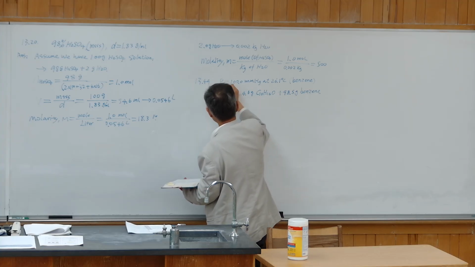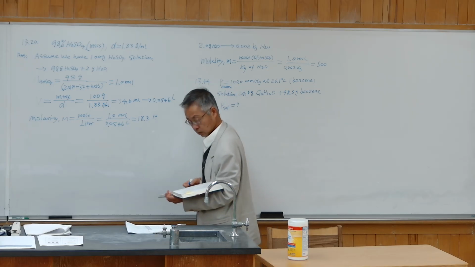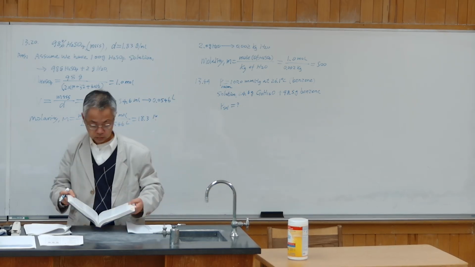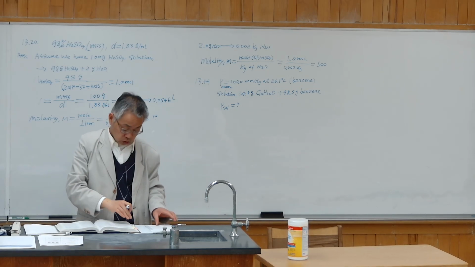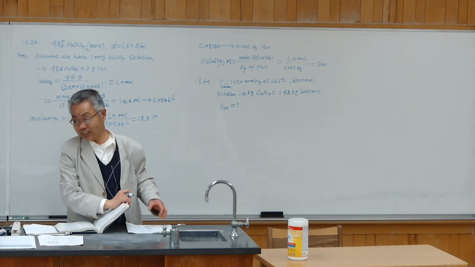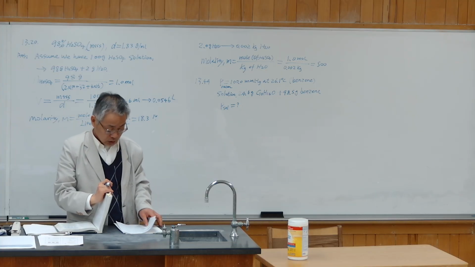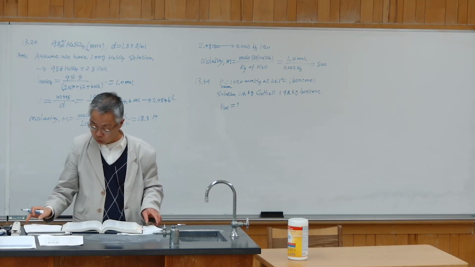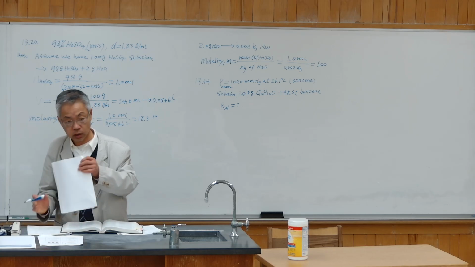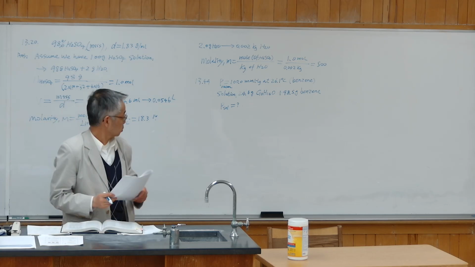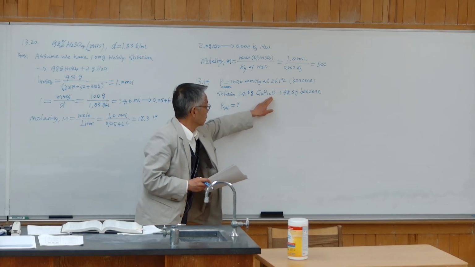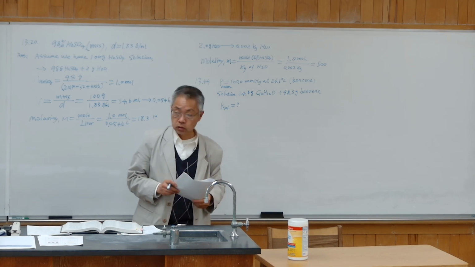So this vapor pressure is just the pure benzene. Of course, we assume this is an ideal solution. Do you remember ideal solution? What is the vapor pressure of the solvent? So this C10H16O is a solute, not volatile.